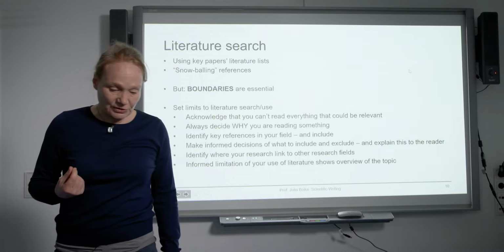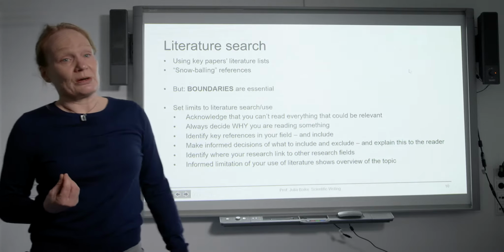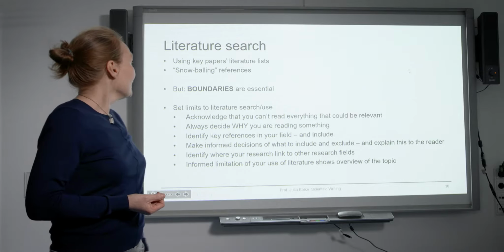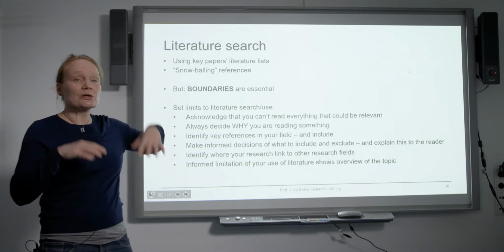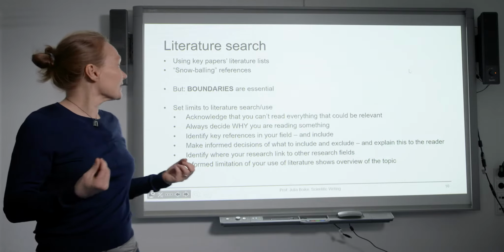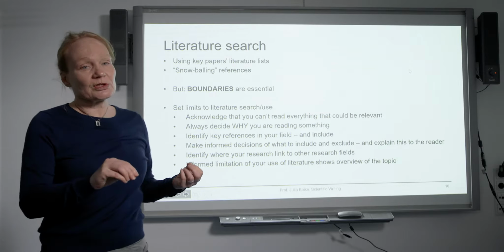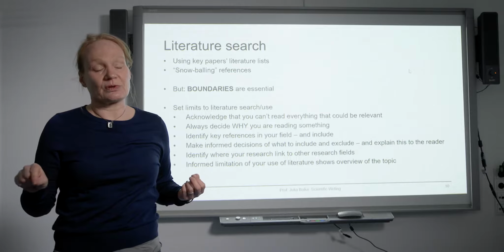Okay, when you do the literature search, it's very important that you use boundaries. If you use the literature search for a paper, you go into one main paper of your background and your interest, then you look into this paper, into the reference list, and you find a lot of papers that this paper is referencing.